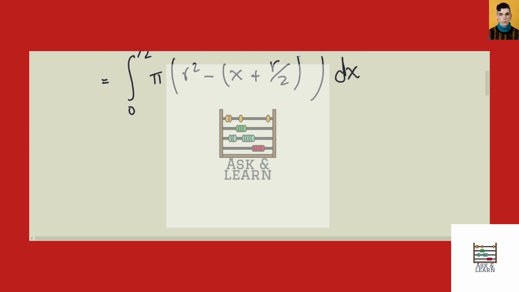So we can expand this. We will have the following: pi times the integral from 0 to r over 2 of r squared minus x squared minus the cross term x times r, minus r squared over 4.